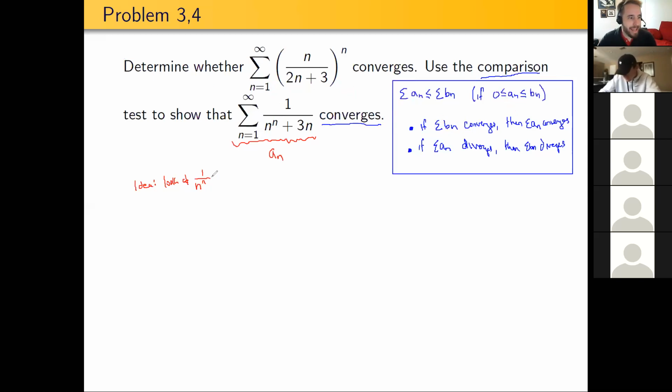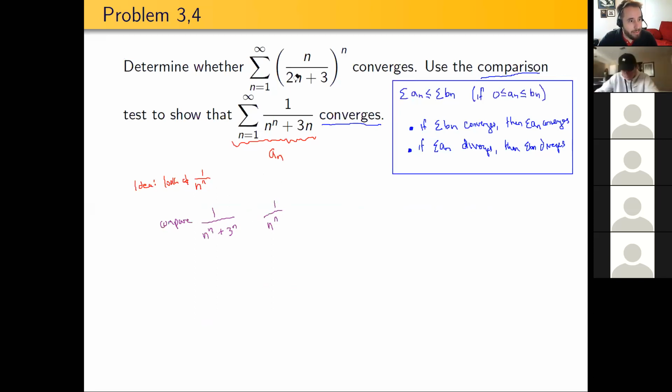So if we're looking at n to the n, I can try to compare my a sub n, that's this, and I can compare that to 1 over n to the n. And the question is, which one is bigger? We've done this kind of analysis before when we were looking at the comparison test.